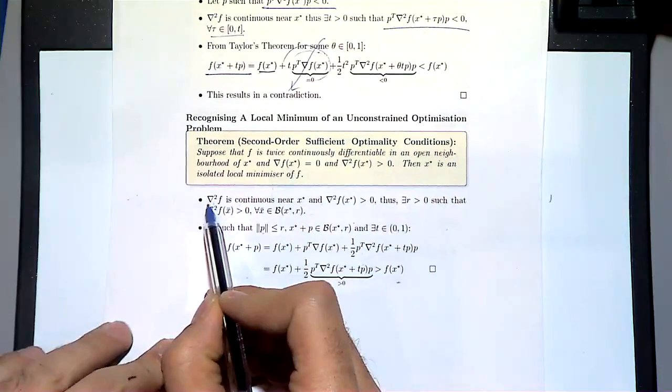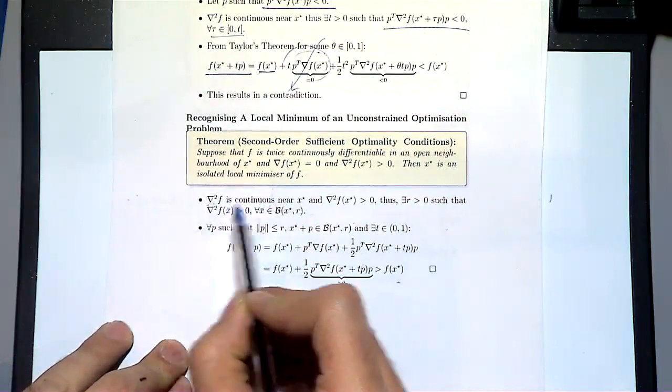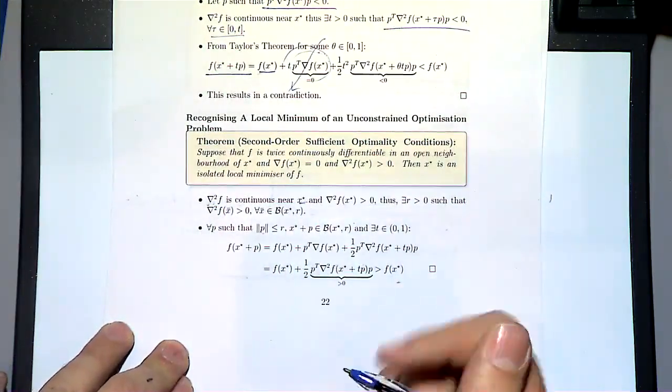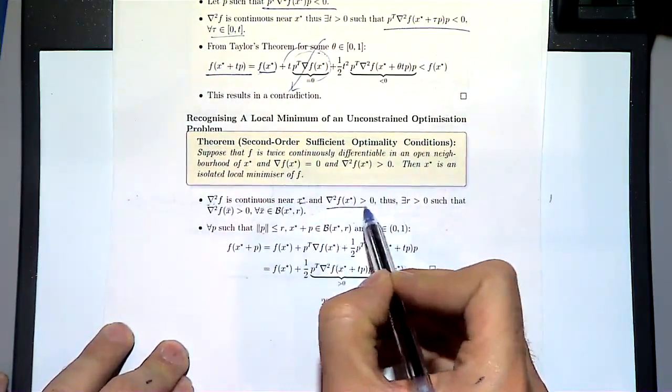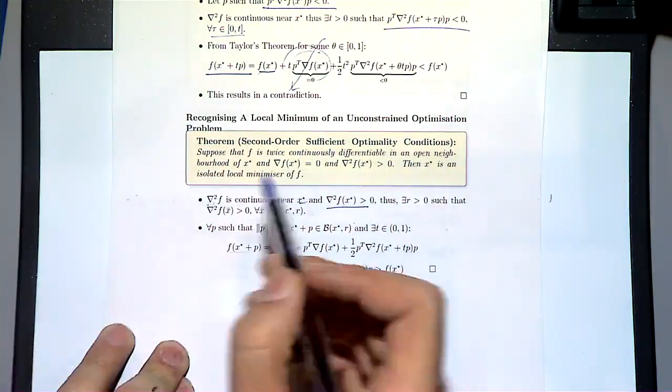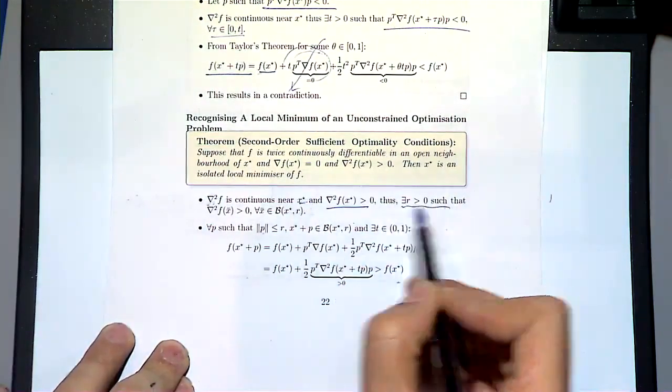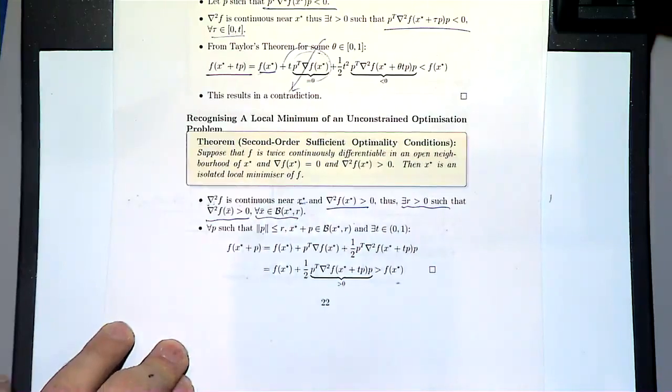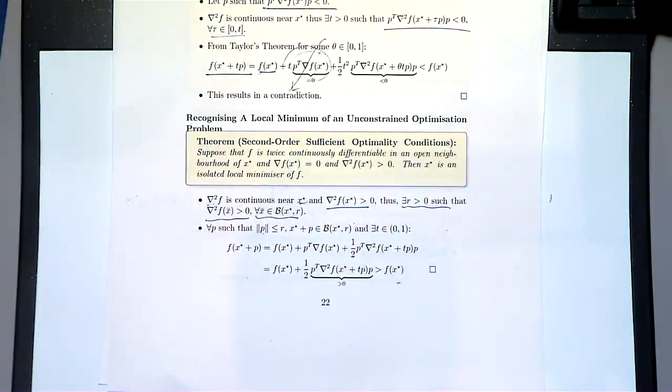All right. If the Hessian is continuous in the vicinity of x star, which is the assumption, and it is strictly positive, then I can always find some ball in which the value of the Hessian remains positive. Again, locally, the properties don't change too much. That's a consequence of continuity.